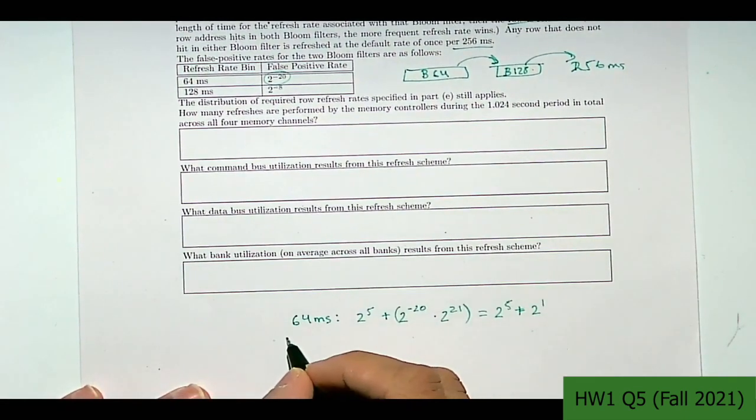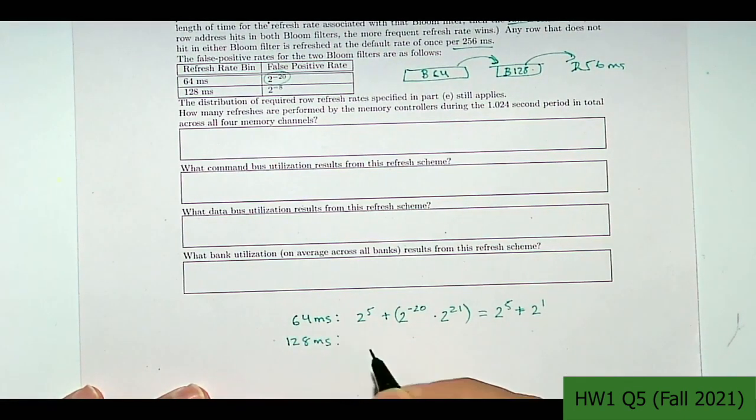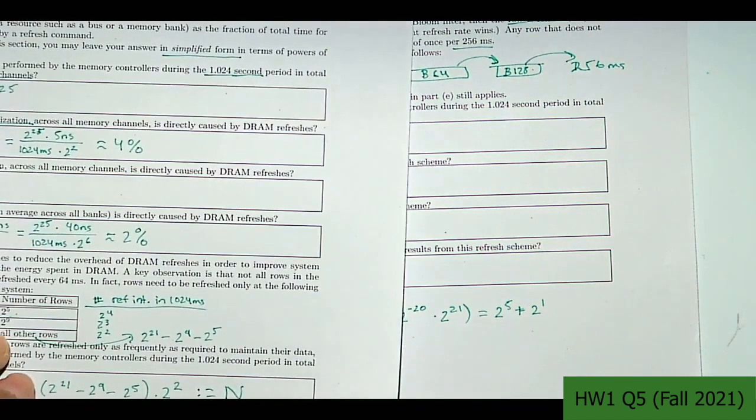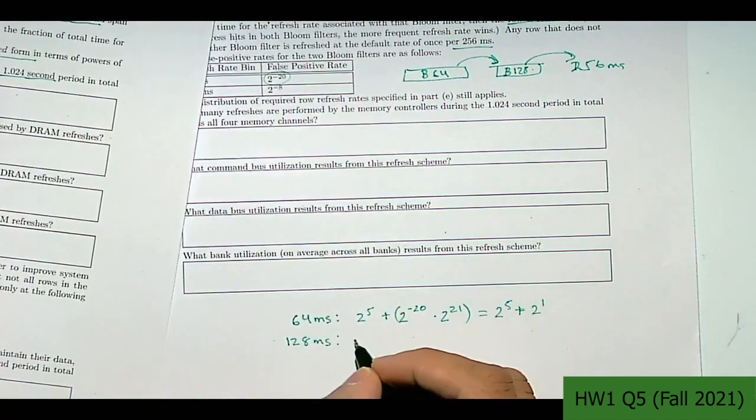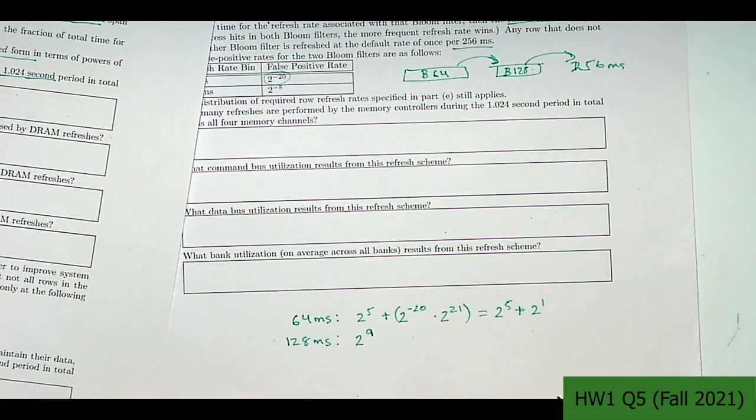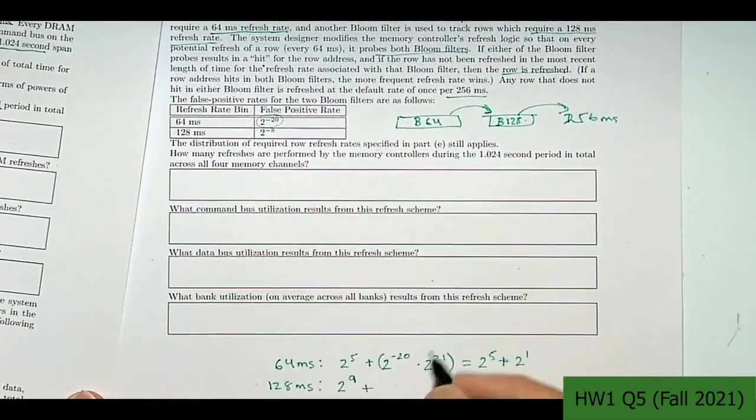So now we consider the 128 millisecond bin. In the 128 millisecond bin, we have 2 to the 9 rows that fall into this bin. And then we have a different false positive rate. So we're going to have 2 to the minus 8 times 2 to the 21, which is 2 to the 13 rows, so 2 to the 9 plus 2 to the 13.